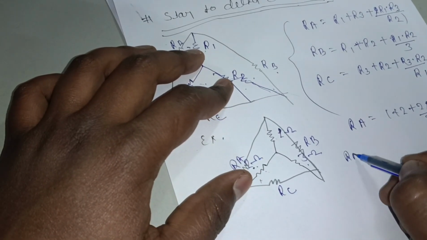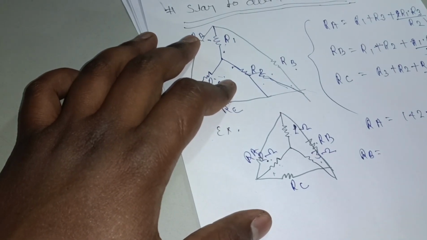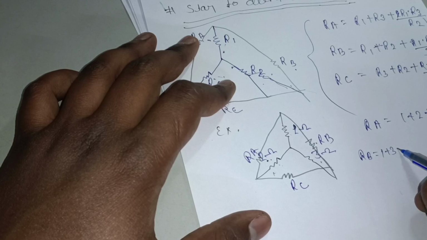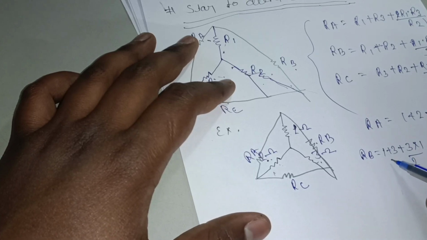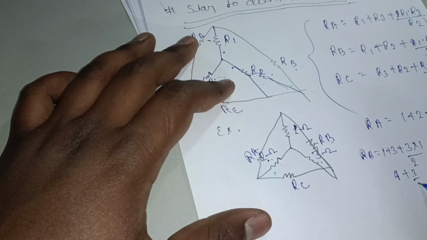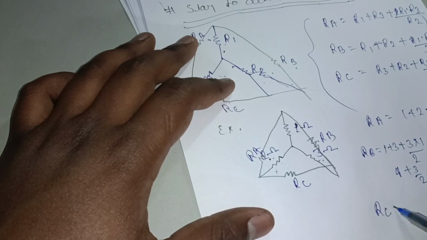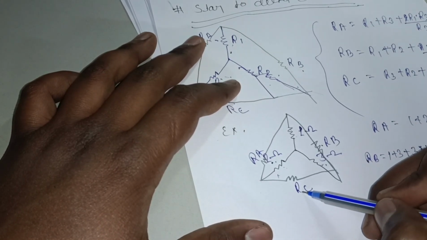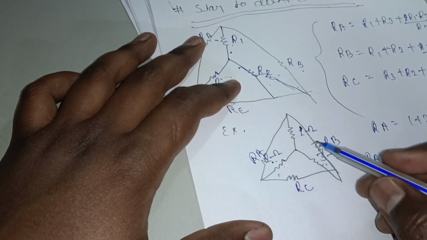Okay, now RB is this. It is in between 1 ohm and 3 ohm. So 1 plus 3 plus 3 into 1 upon the opposite side of it, which is 2. So this will be 4 plus 3 by 2, which is 8 plus 3, 11 by 2. Okay, RC is connected from these two.